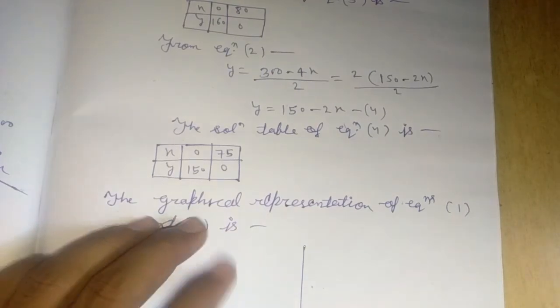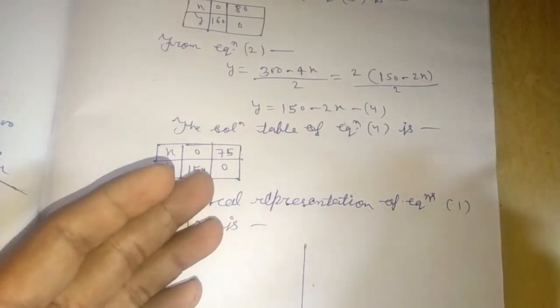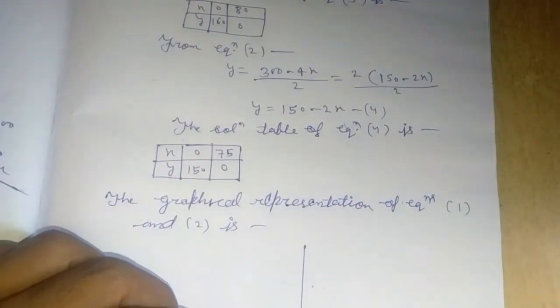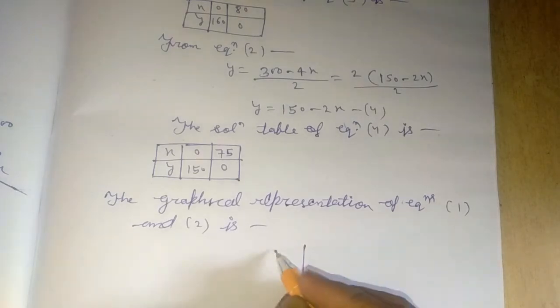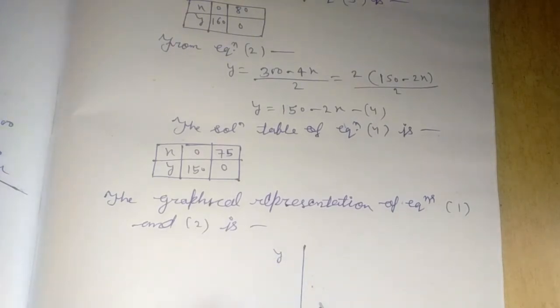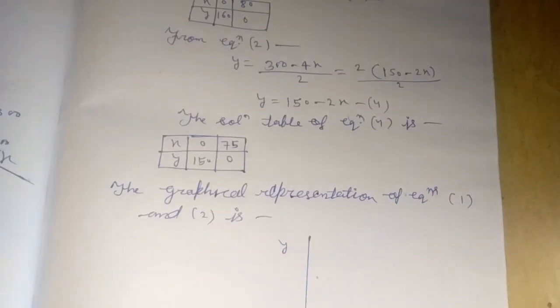It is the origin, it is the x-axis, it is the y-axis. We take 1 unit equal to 20.